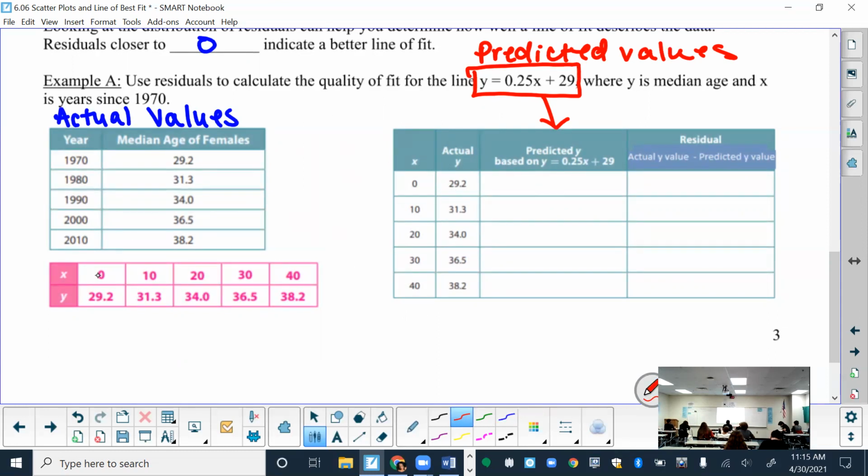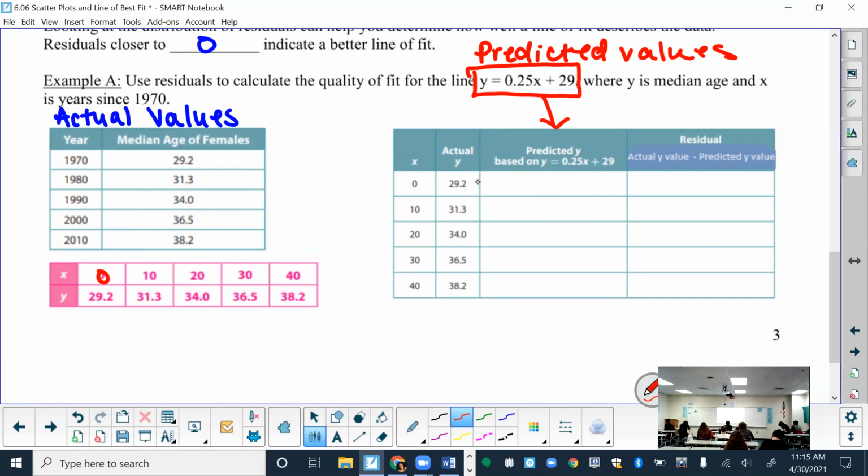Notice here they did adjust the data a little bit. They put 0 as the year that they started taking the data, and then 10 years after, 20 years after, 30 years after. So we're going to plug in these x values into the trend line equation to see what my predicted y is.